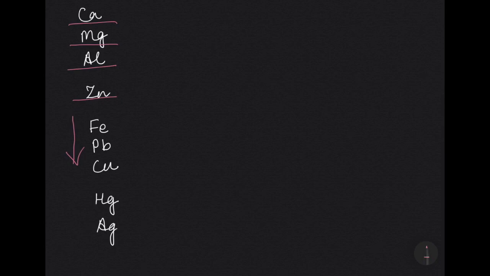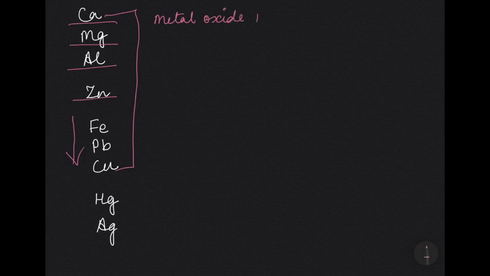Now moving on to the next set of metals from calcium to copper, you will see that they decompose on heating to form metal oxide, nitrogen dioxide and oxygen. Okay. Now nitrogen dioxide is reddish brown in color.